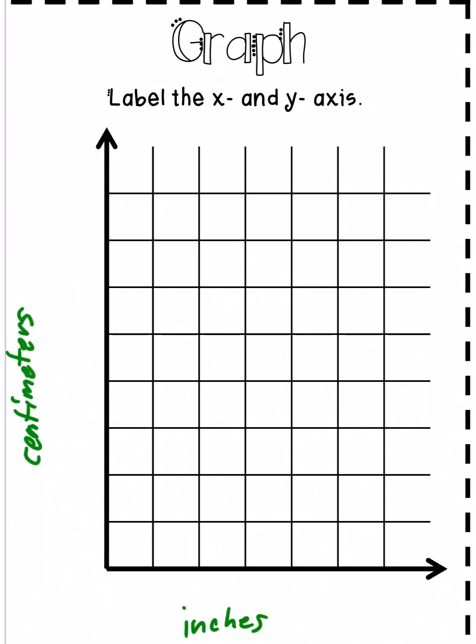We also know that our graph is going to start at the origin 0, 0, and we have some points that we can graph. These include 1, 2.54, 2, 5.08, and 3, 7.62.